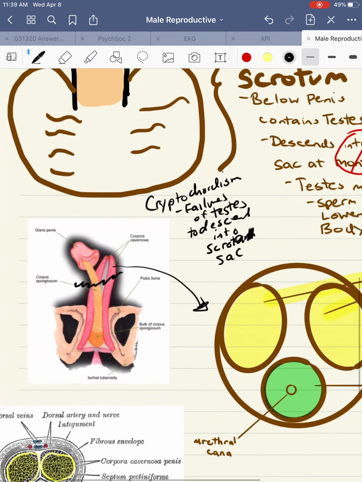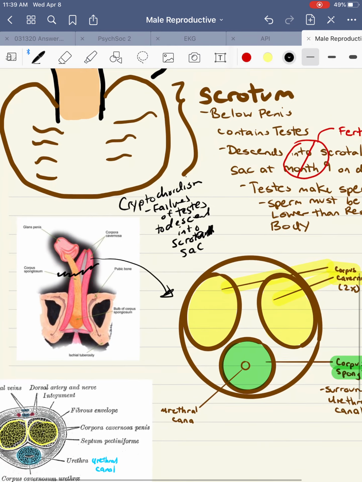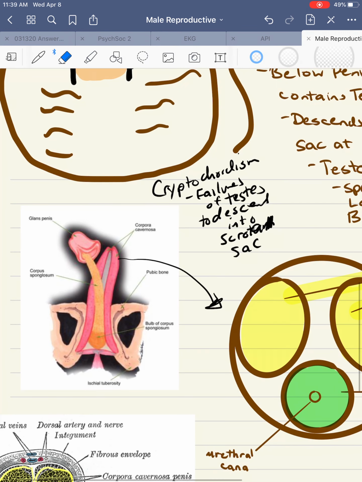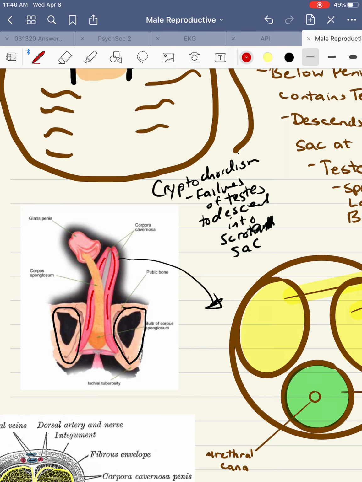Let's look at this penis right over here. This is again an inferior view. Remember, this here's the hip bone. This is part of the hip bone. And if you look right over here, there are 2 superior portions that are in red called the corpus cavernosum, or cavernosa for plural.